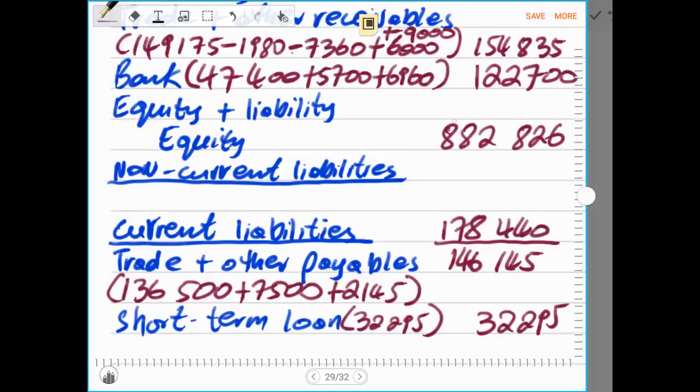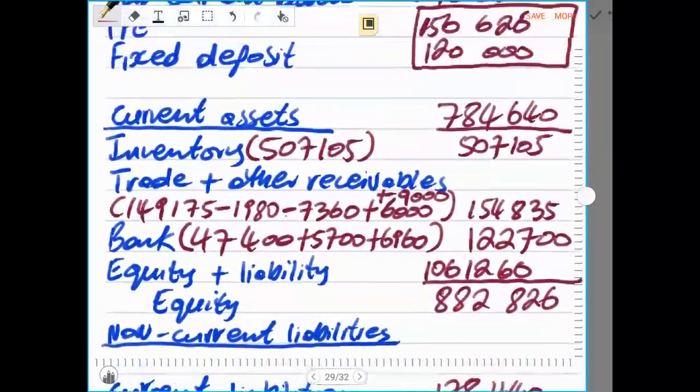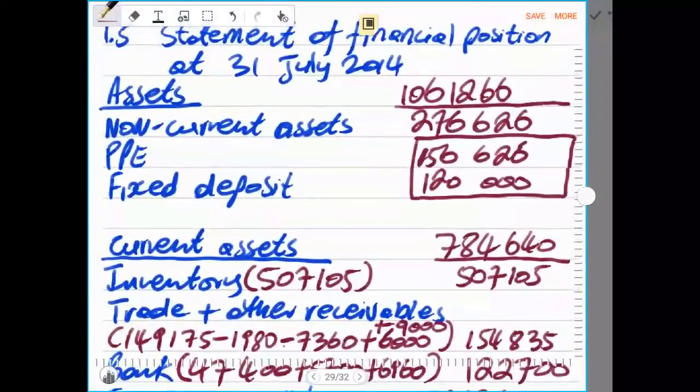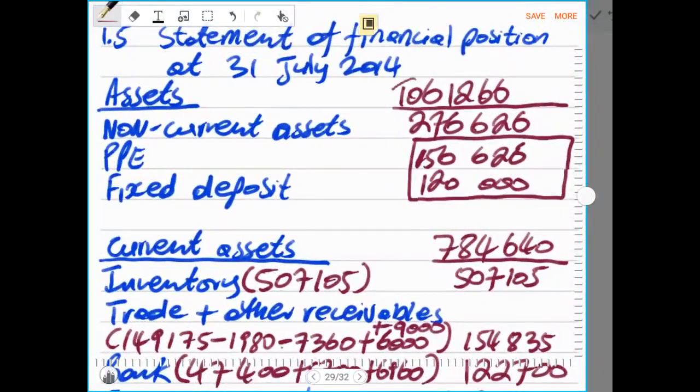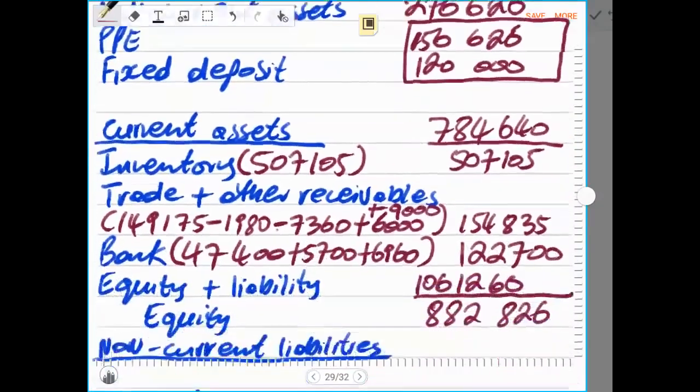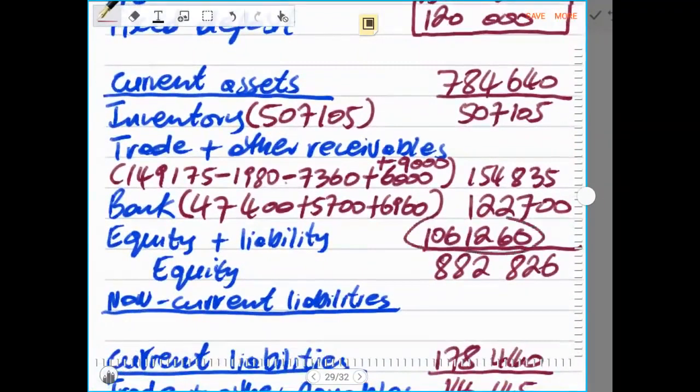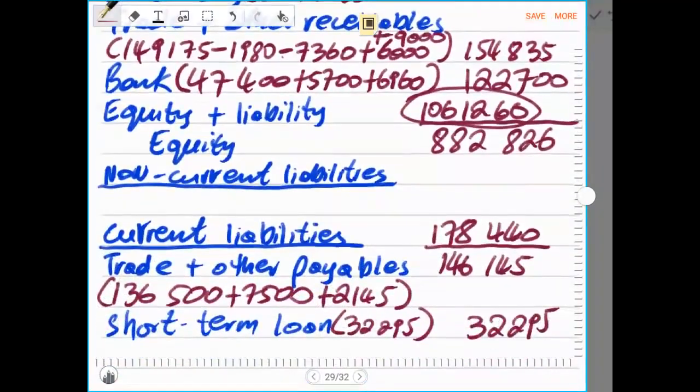And if we add our equity plus our liability, 178,440 plus 882,826, we get 1,061,266, and that 1,061,266 agrees with our assets. Therefore, our balance sheet balances.